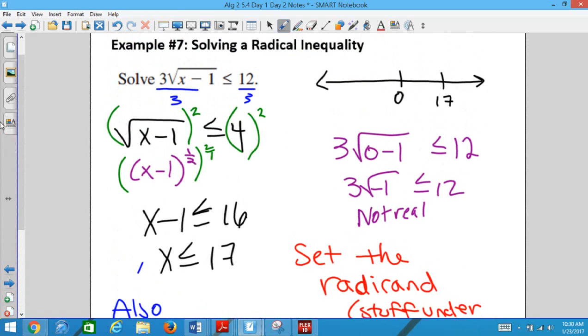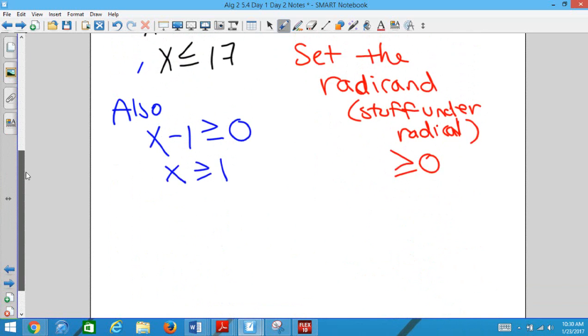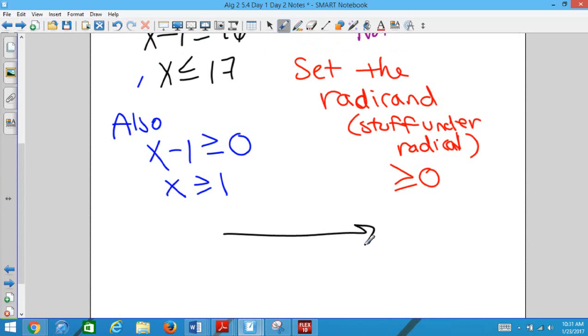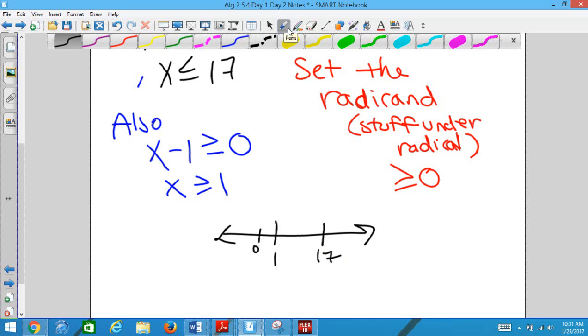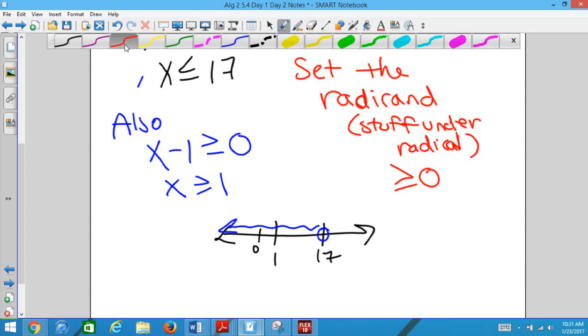Actually, I started drawing that number line up there. I'm going to put it down here where you can see the actual answers from my work from before. So we want all the numbers that are less than or equal to 17 and greater than or equal to 1.